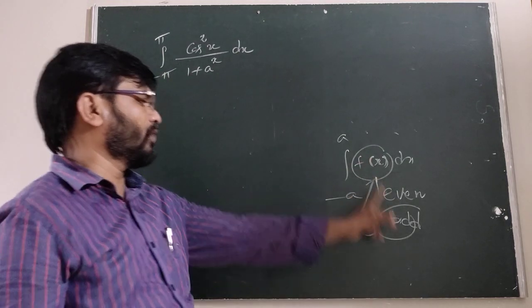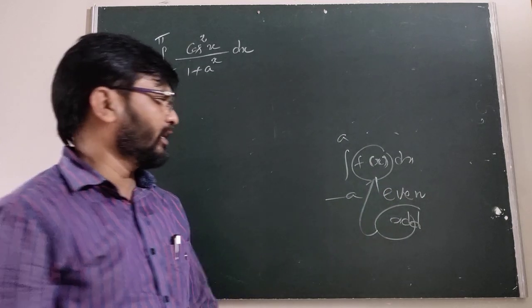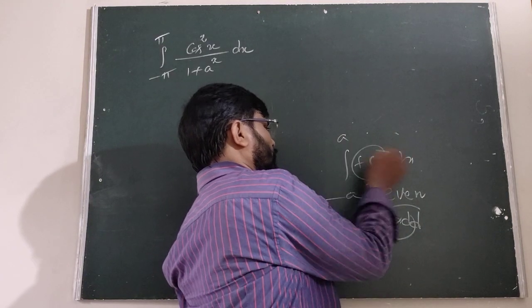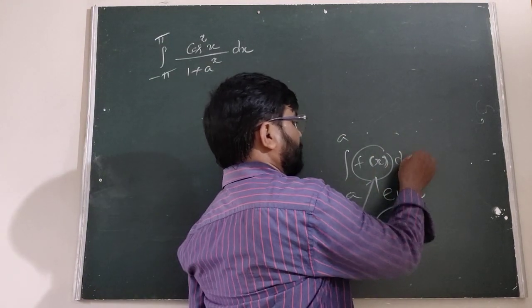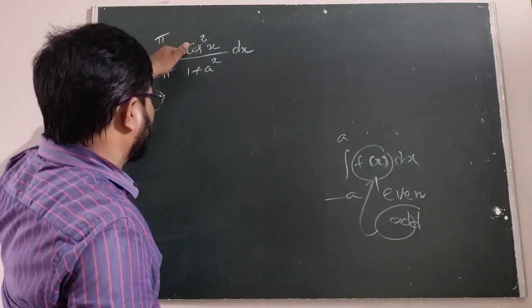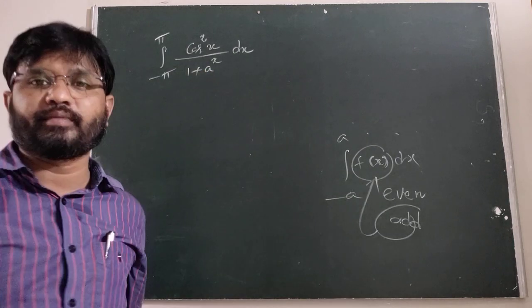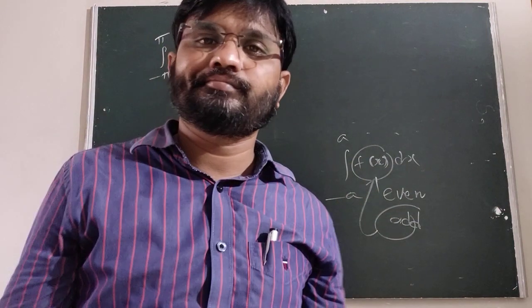When the function f of x is odd, this value is 0. When it is even, we can write the integral as twice the integral from 0 to a of f of x dx. But here cos square x is an even function, but a power x cannot be determined as even or odd.